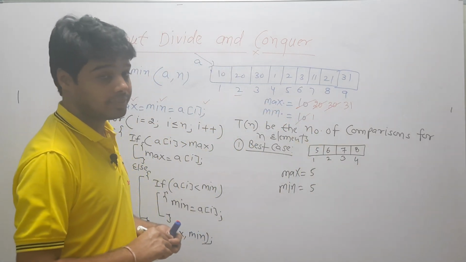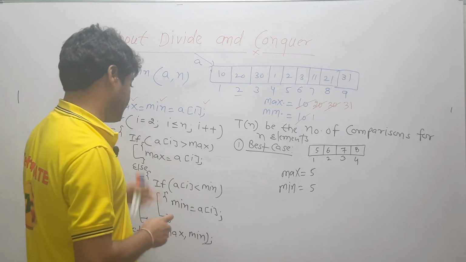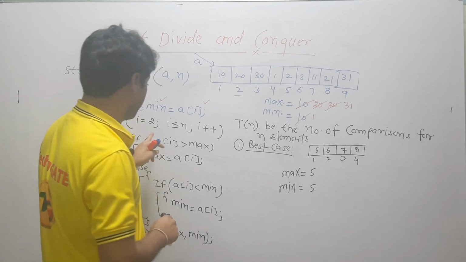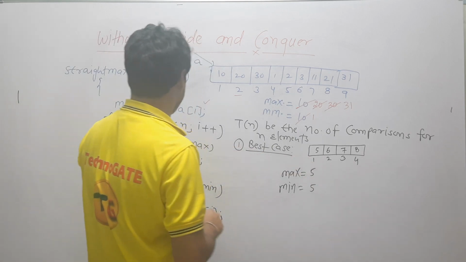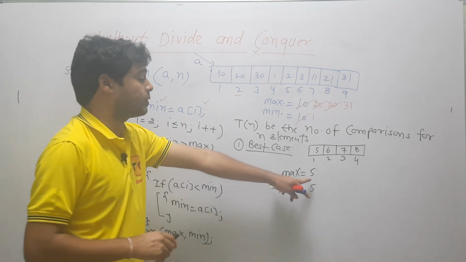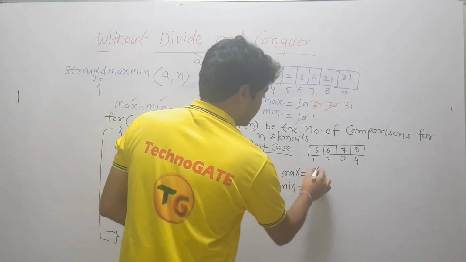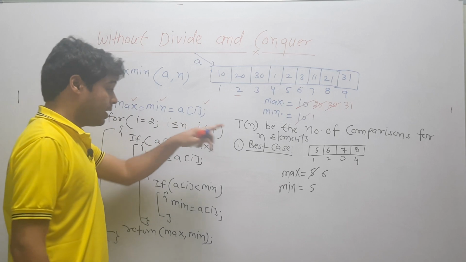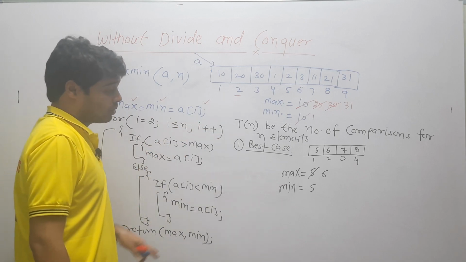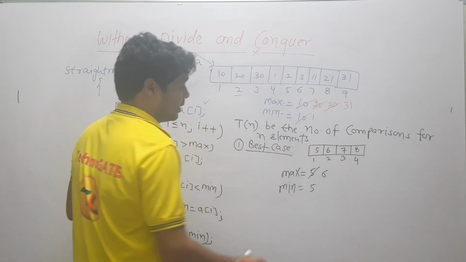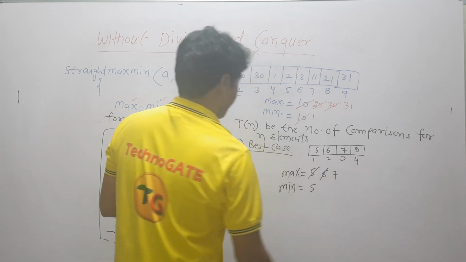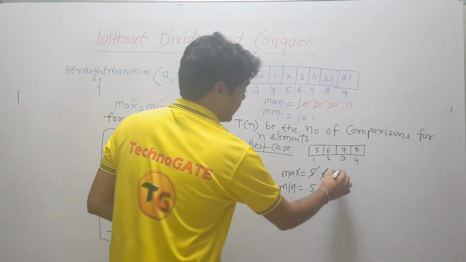Okay, so check this one. I is 2, 6 greater than maximum, because maximum is 5 here. So update maximum here, it becomes 6. So control never goes to the else part here. Now 7 greater than 6, yes. 8 greater than 7, yes.